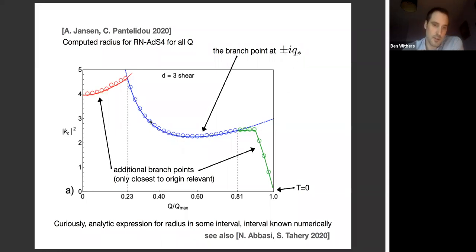That's this one. And as you can see, as Q goes to 0, the charge goes to 0, the chemical potential goes to 0, and this goes off to infinity. But before you get there, there's another branch point that comes in, this red one, and this takes over as the dominant one. So this is the closest singularity to the origin on the hydrodynamic sheet for values of Q less than 0.23.